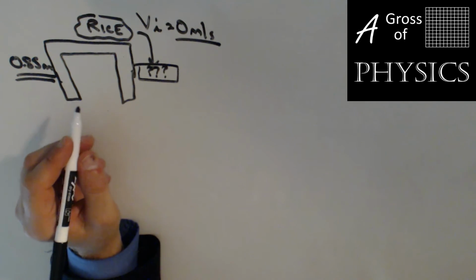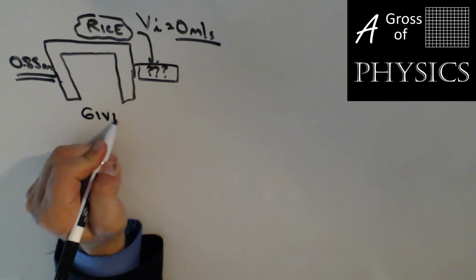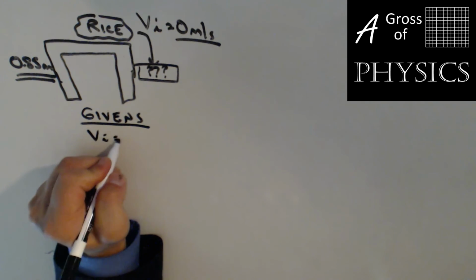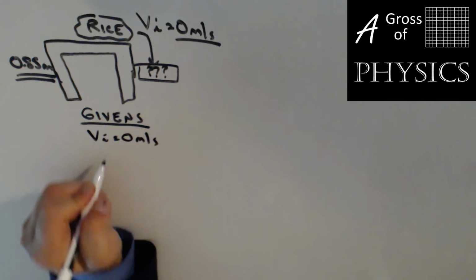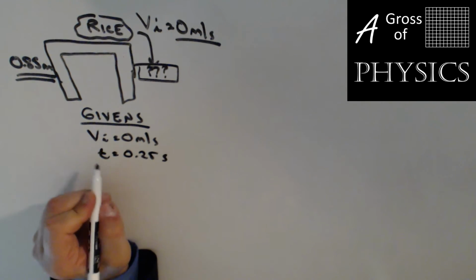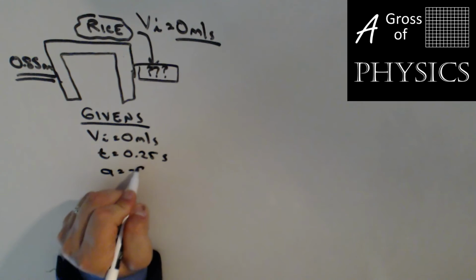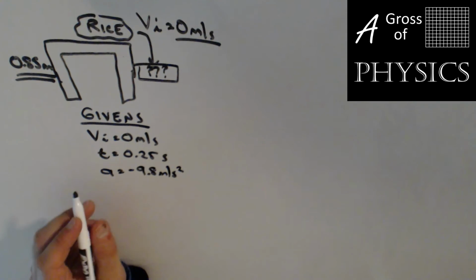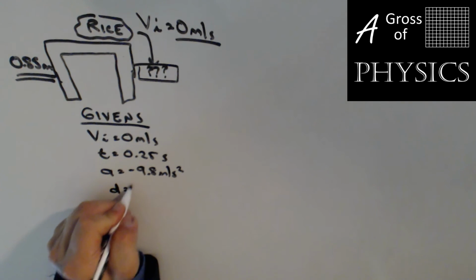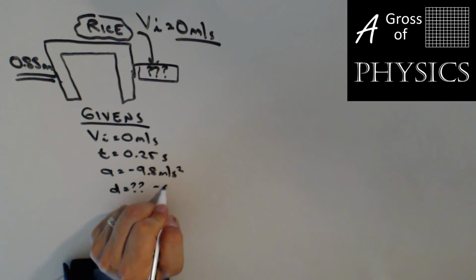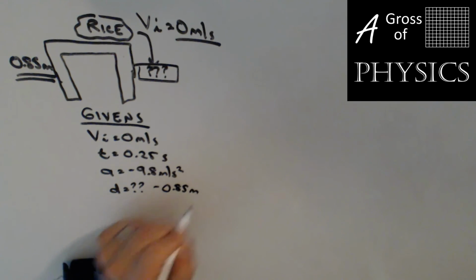And what we're going to do is not use that 85 centimeters. In fact, VI is 0, t is 0.25 seconds, acceleration is negative 9.8 meters per second squared, and we don't actually know D. But a lot of people are going to want to put negative 0.85 meters.